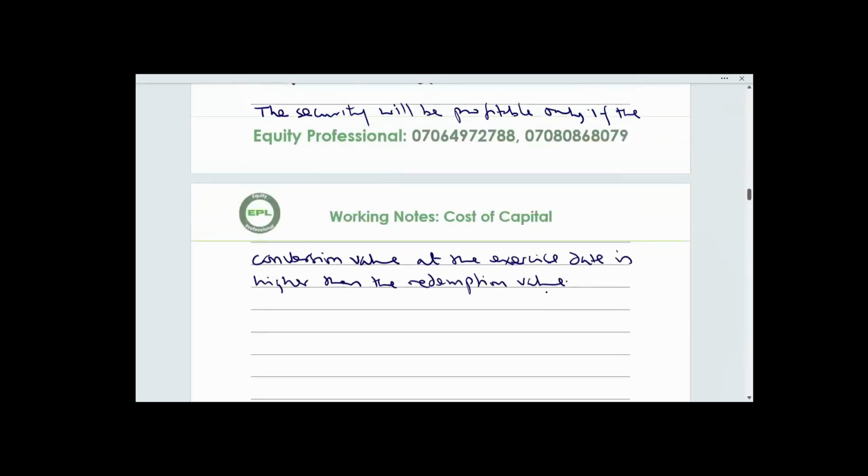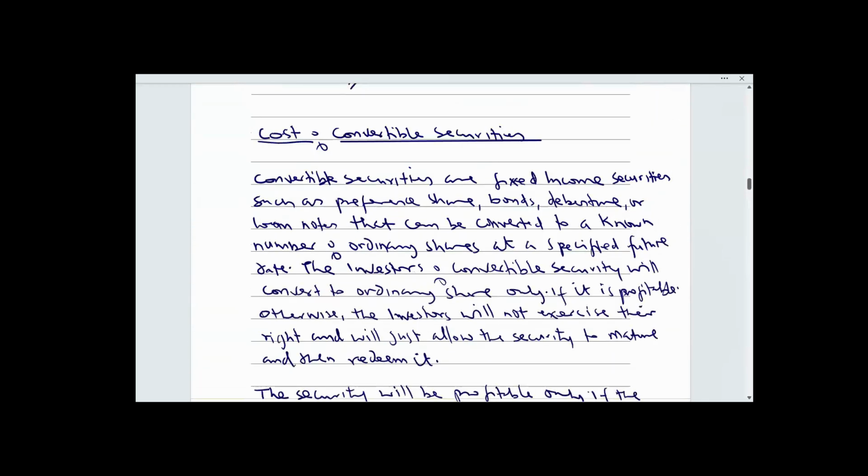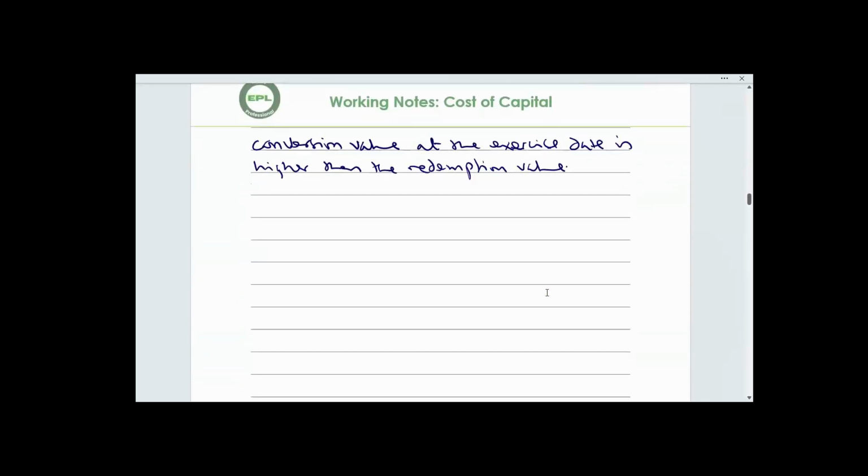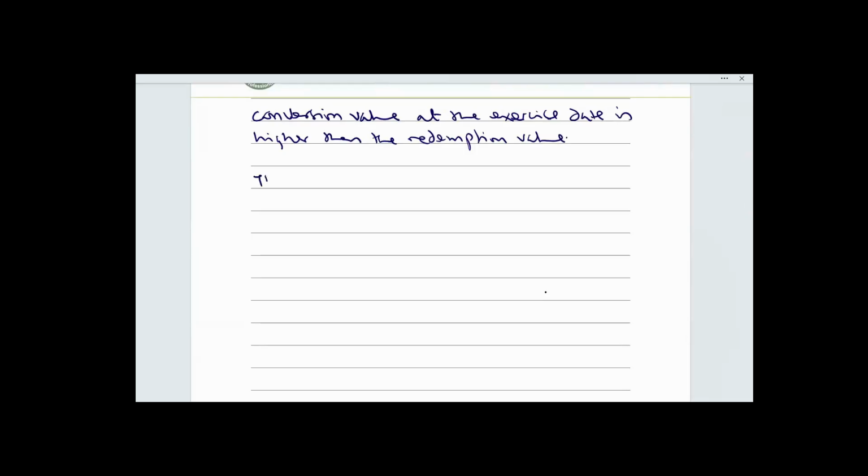So what do you mean by cost of convertible security?